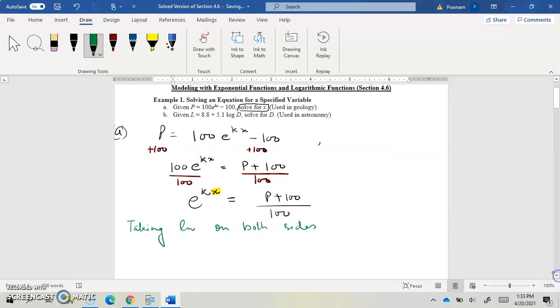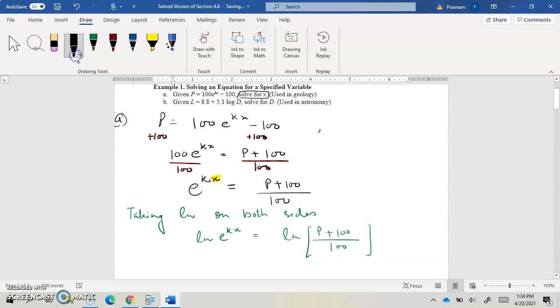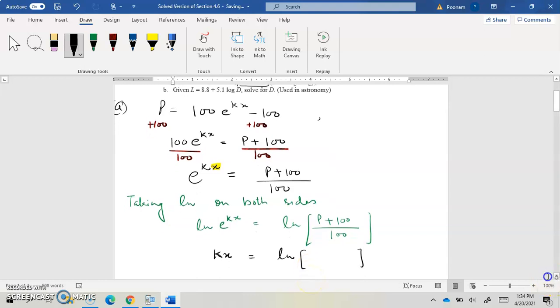That would get us natural log of e raised to power kx is equal to natural log of this whole expression, (P plus 100) divided by 100. Now we know that natural log and exponential e are inverse functions of each other, so they cancel. So we are left with only kx is equal to natural log of (P plus 100) by 100.